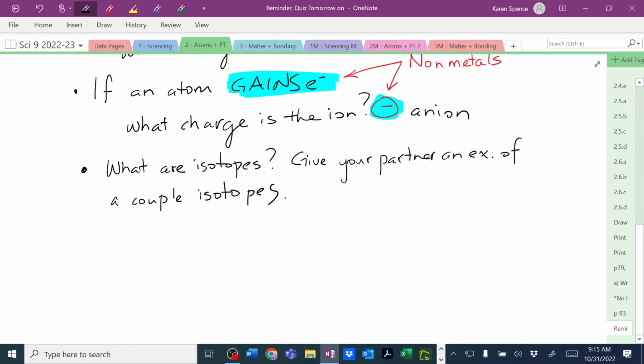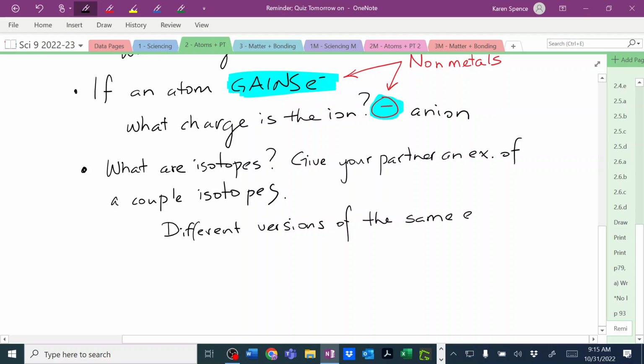So Zeev, it sounds like you know the answer? Yeah? What are isotopes? Different versions of the same element. And they have different numbers of neutrons.